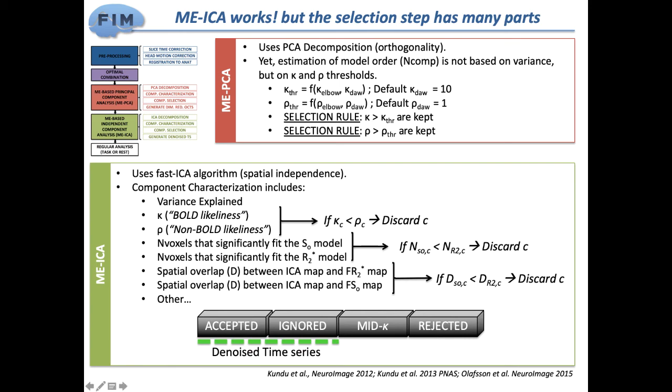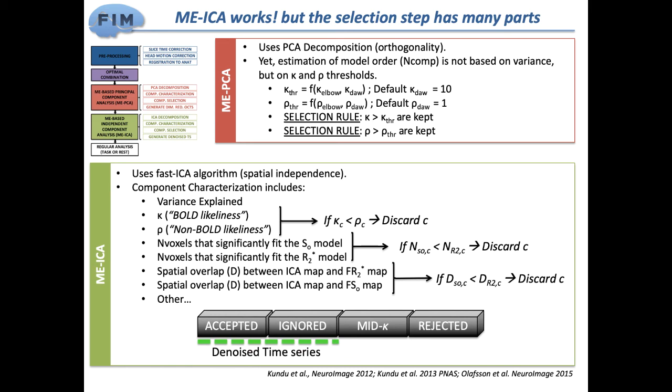You make some threshold for kappa values to keep, you make some thresholds for rho values to reject, you set thresholds on how much bigger kappa should be than rho, and you set thresholds on how well it should fit different models, and these are all combined together in a fairly complex fashion.